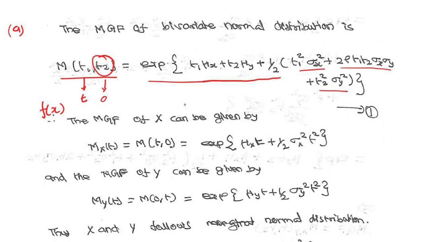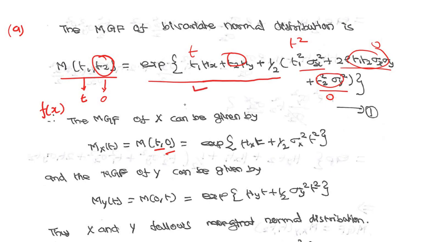So as I told earlier, t1 is changed as t and t2 is 0. If you replace, it becomes t, and this becomes 0, and this becomes t square, and this also becomes 0 because t2 is 0. Therefore, I have only two terms in this.